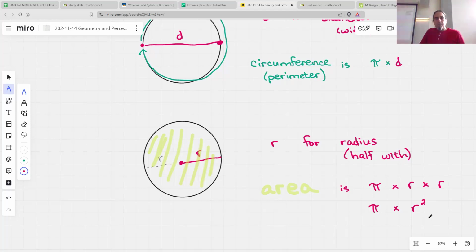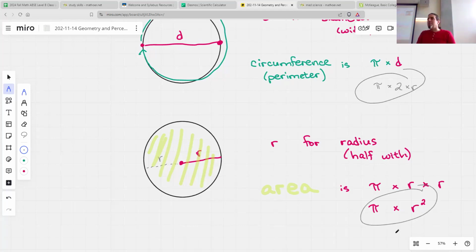the top formula as pi times, now diameter is 2r, so you could write that 2 times r. If you're used to this and this, they look too similar. They are both things that have a pi, a 2, and an r in them, and people get confused.